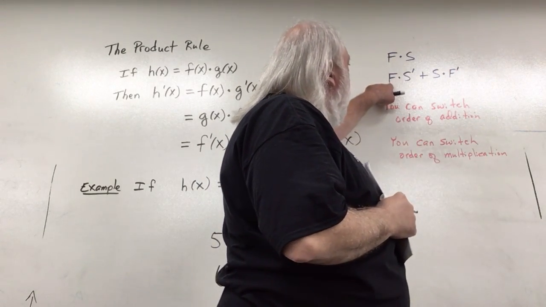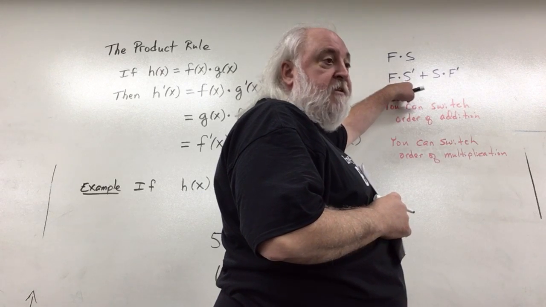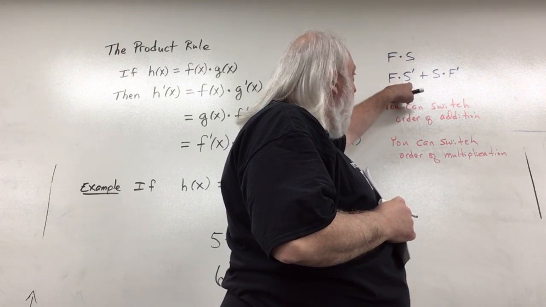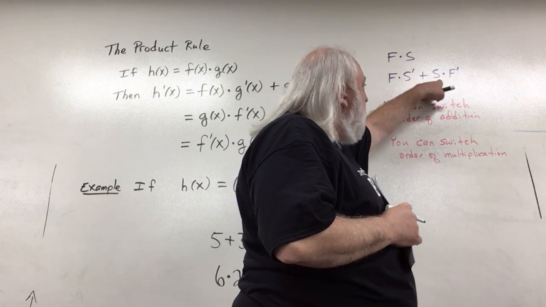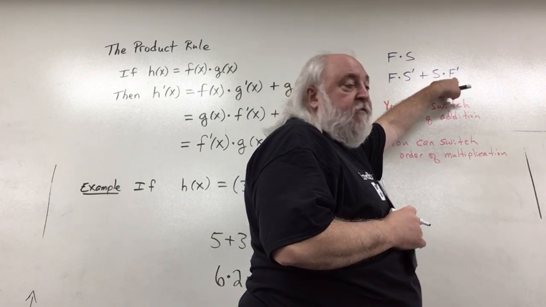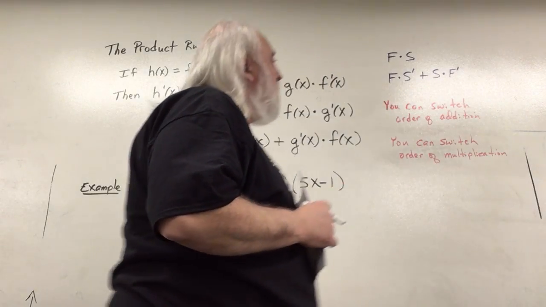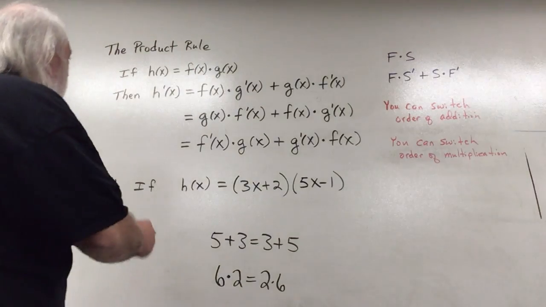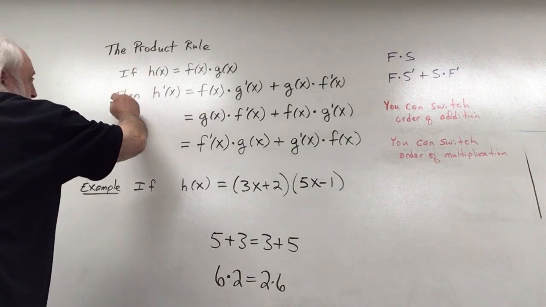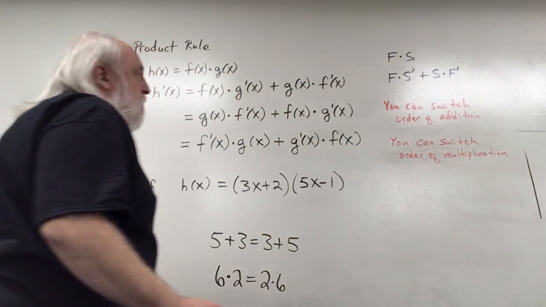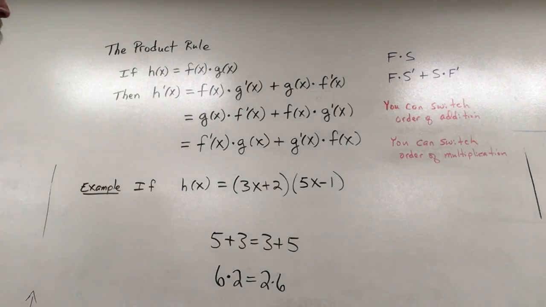So we have the first function f times s prime, plus the second function s times f prime. This first representation is the one I'm going to be working with a lot this semester.